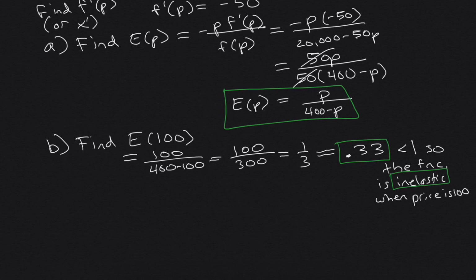And since we have that up for part B anyway, I want to go ahead and say a little bit more just to kind of show you what this means. As far as the homework or the quiz or the test is concerned, this is what I want you to know. Be able to find the elasticity, be able to plug in something. Keep those words in mind. Less than 1 is inelastic, greater than 1 would have been elastic, equal to 1 is unitary.